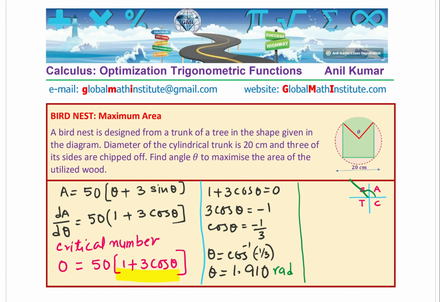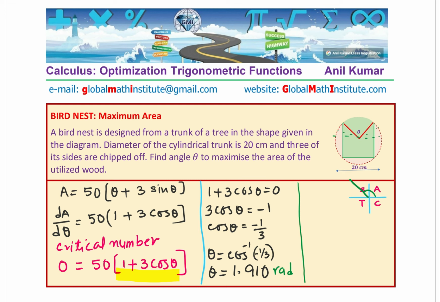Now we need to check whether this is indeed giving a maximum or not. Right? So let's analyze the first derivative, by taking a value of theta less than this and more than this, correct? As you can also see in the diagram, theta has to be less than 180, right? Is that clear?